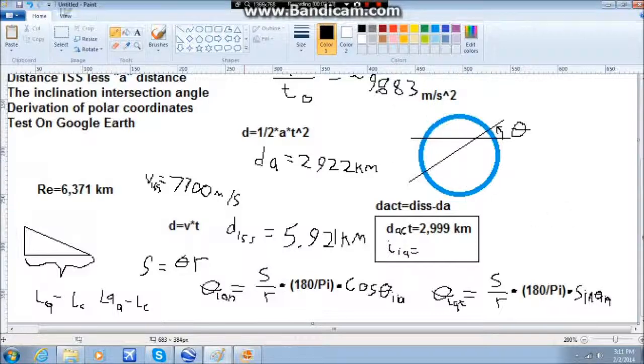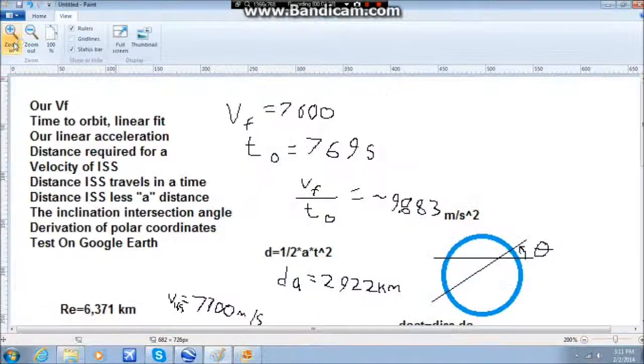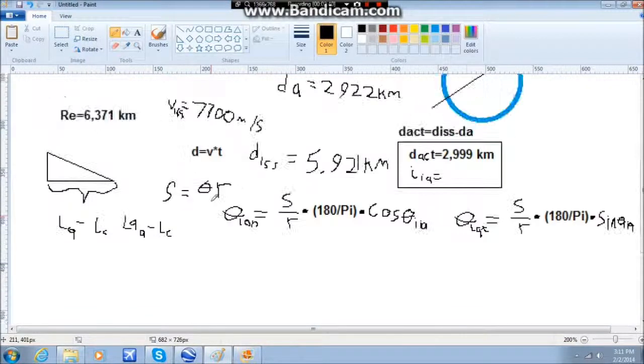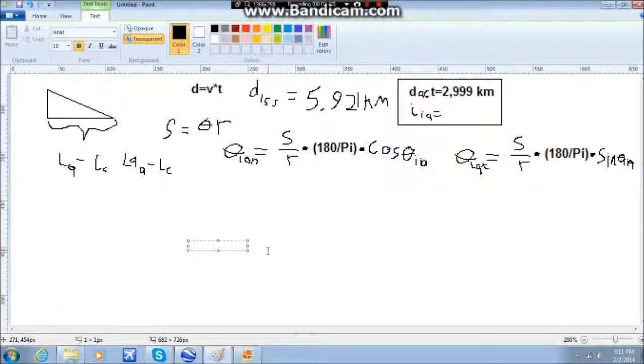That sucks. I can't open another page. Okay, so what we will do now, we know D actual, we know this, so we say theta longitude is equal to D actual divided by the radius of the Earth.